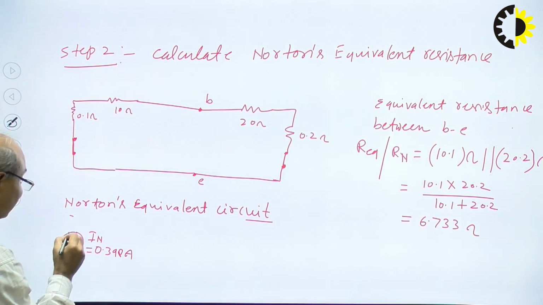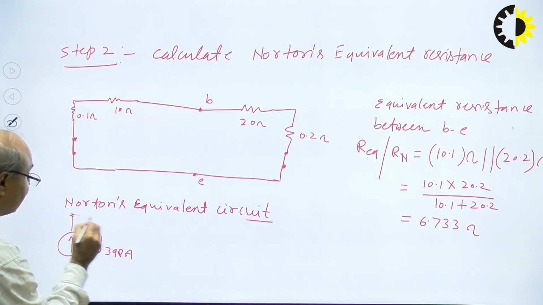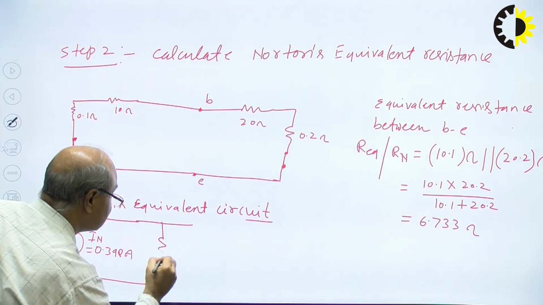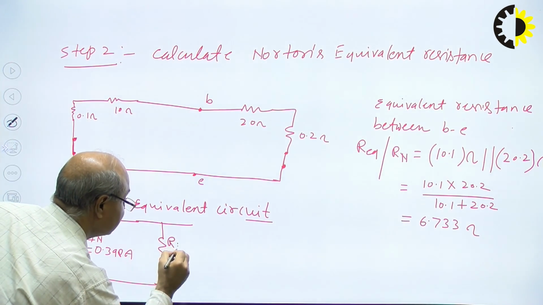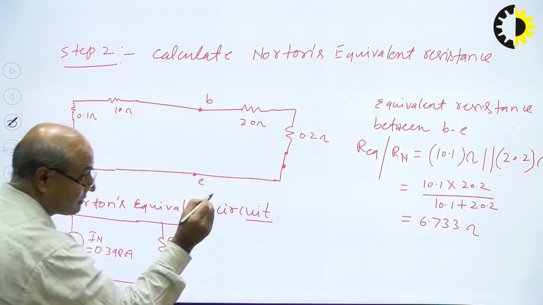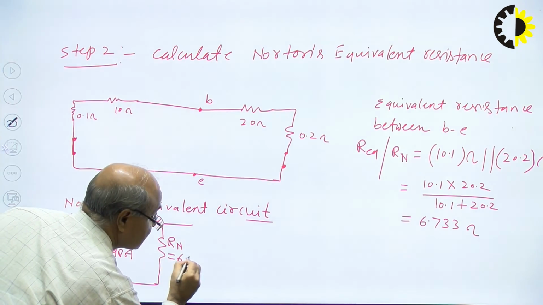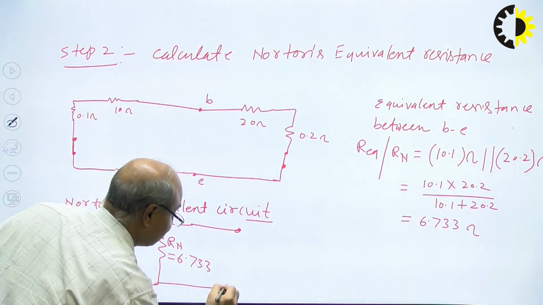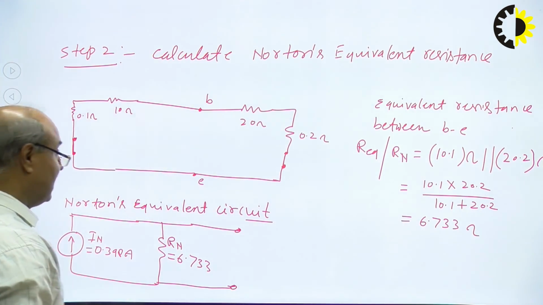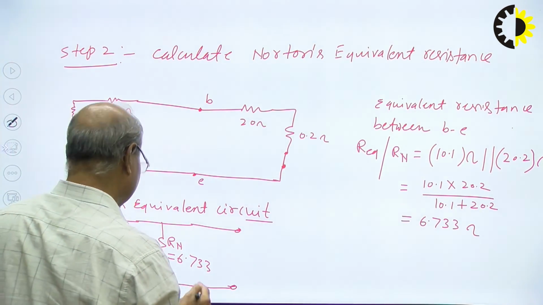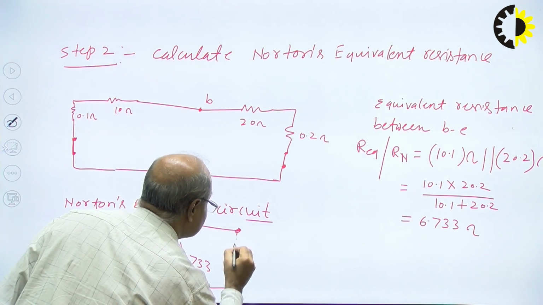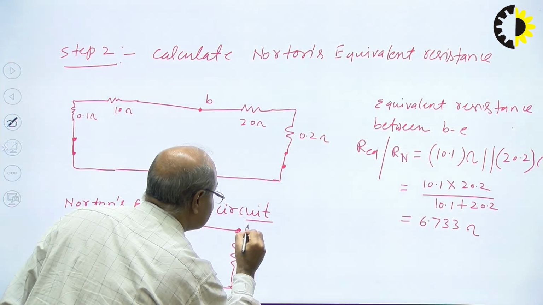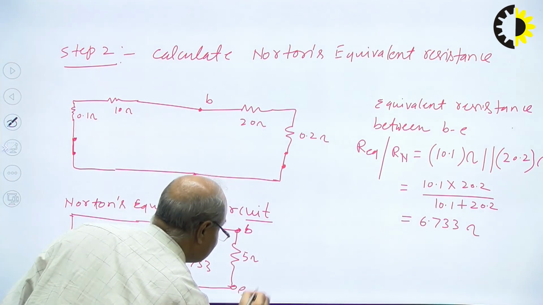So we have our IN, and this IN will be in parallel with the resistance RN, which we have calculated as 6.733 ohm, and across our load terminals, the load is your 5 ohm resistor, and this is our terminal B and this is terminal E.